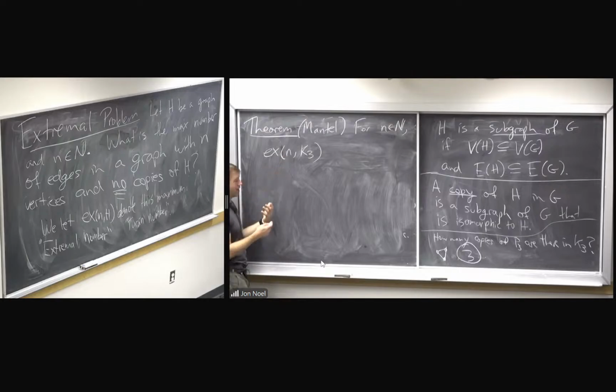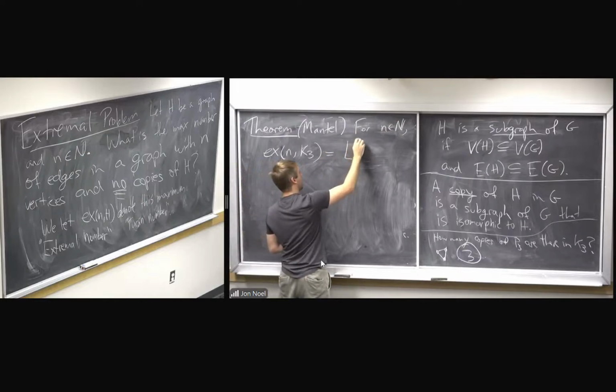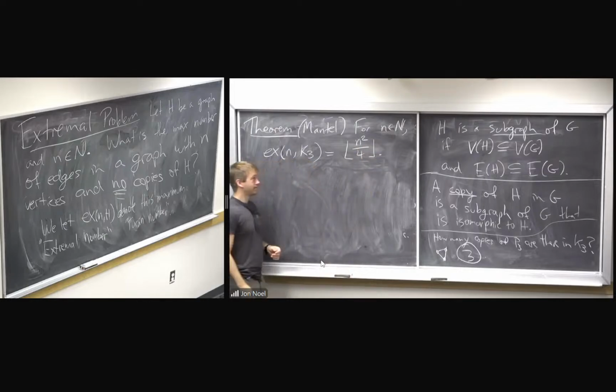But anyway, the extremal number of K3 is the floor of n squared over 4.